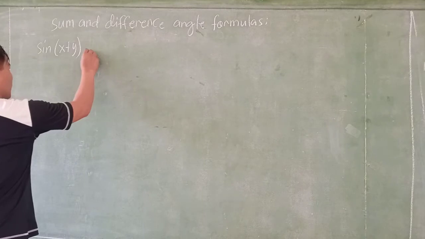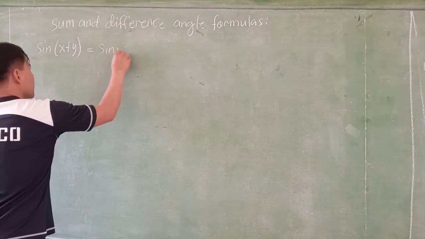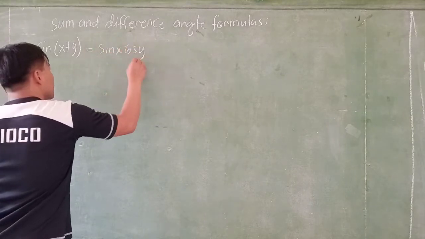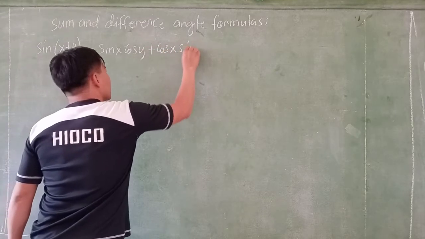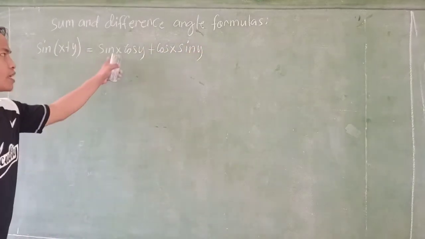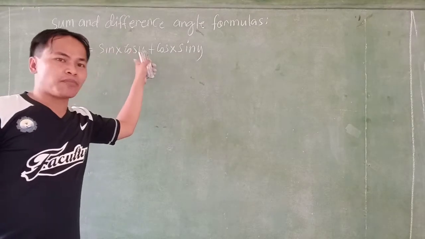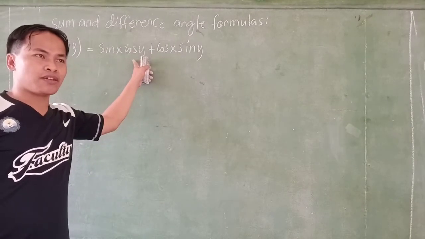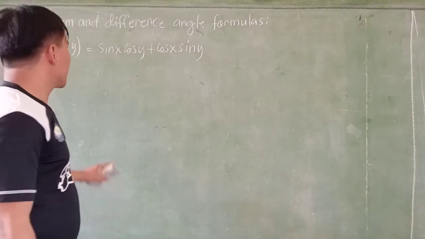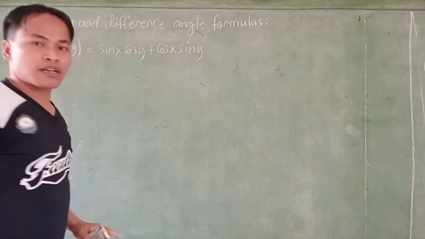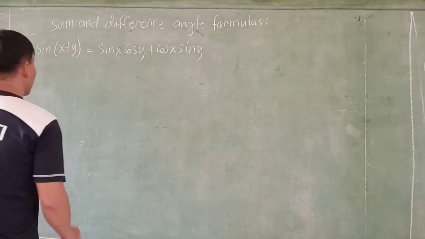This is equal to sine of x cos y plus cos x sine y. This is the formula that we can apply to identify the exact value of the given trigonometric function for sine, specifying the bigger angle.